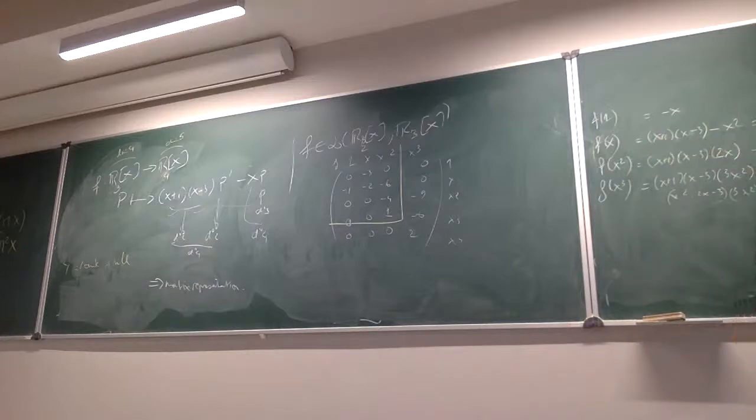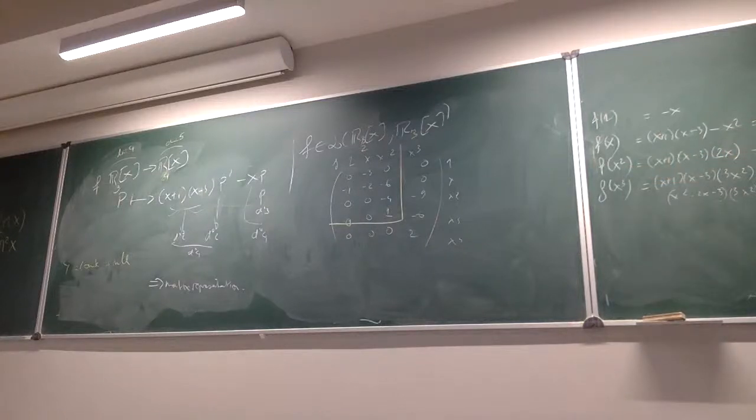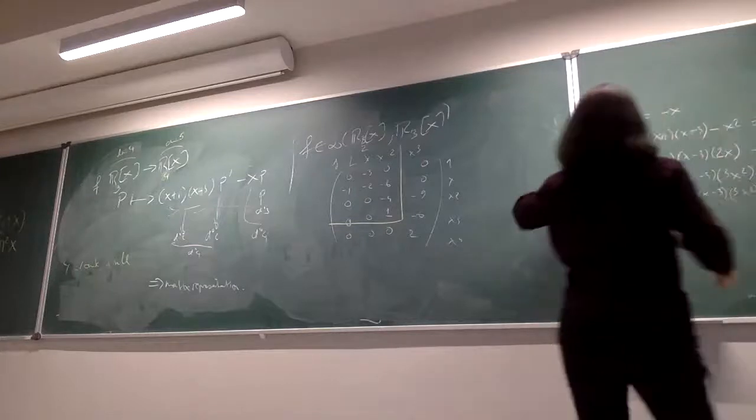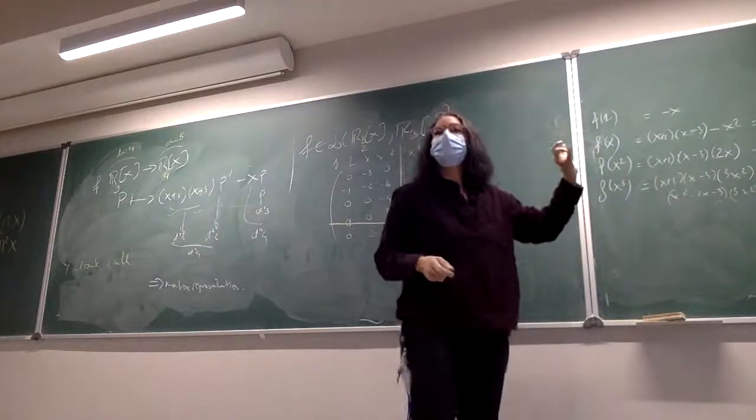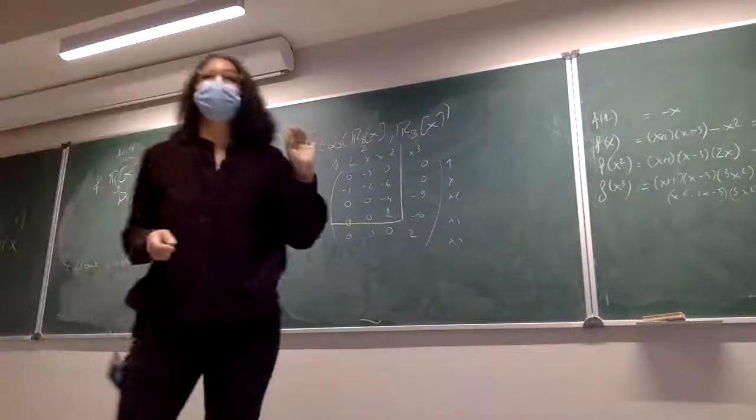Degree 1 gives me something of degree 1. That's interesting. Degree 2 gives me something of degree 3. Degree 3 gives me something of degree 4. So if I'm just looking at that, what possibilities would you have for eigenvectors?